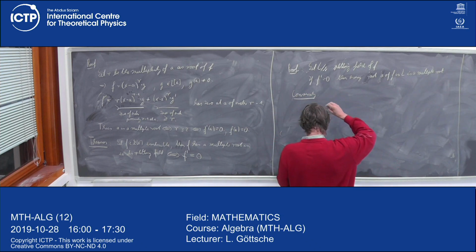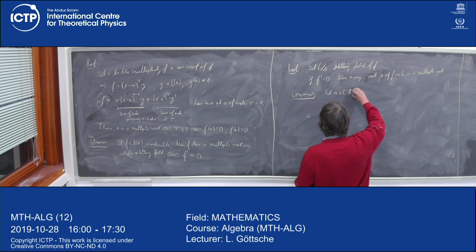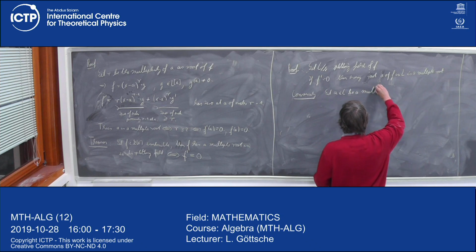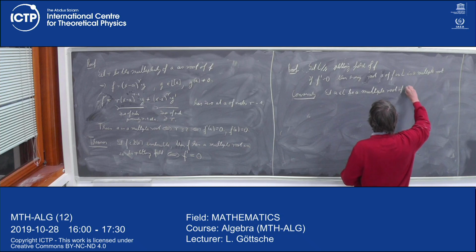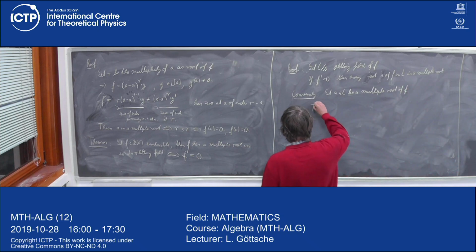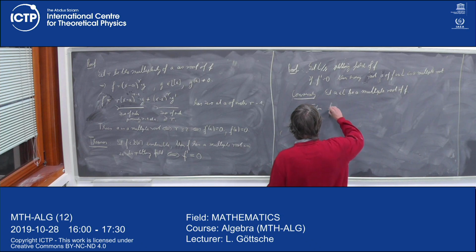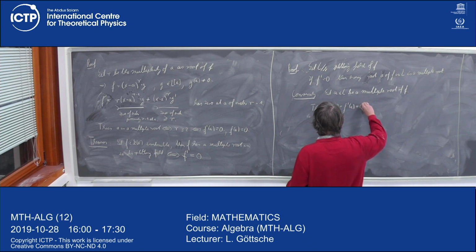Okay, but now conversely, the non-trivial direction. Assume, so let A in L be a multiple root. Then what we have just seen, f of A is equal to f prime of A is equal to 0.